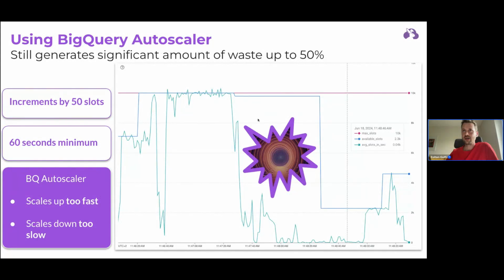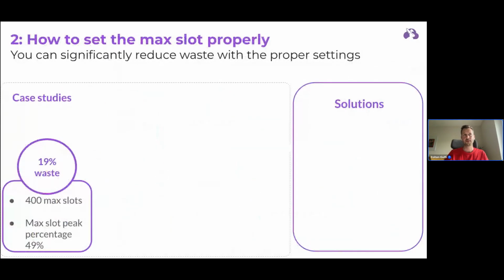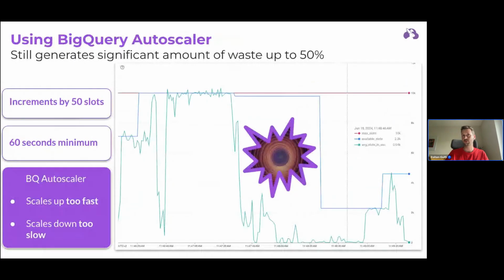But this area, what you can see here, is a really big rabbit hole, because this is pure waste. You are paying for that part, but as you can see, the job doesn't need it at all at that point. And basically, this is happening because of the 60 seconds minimum billing, and it is not really scaling down well sometimes.